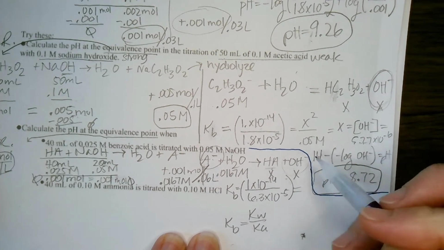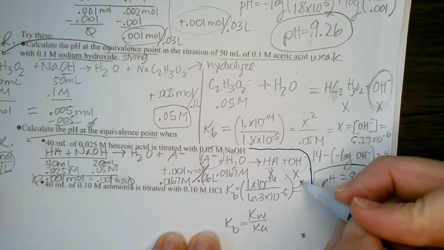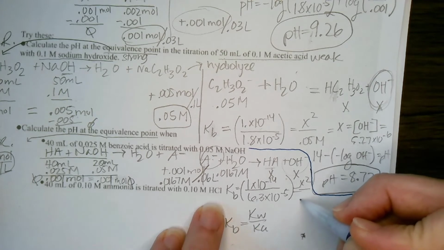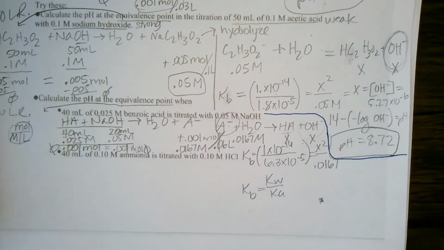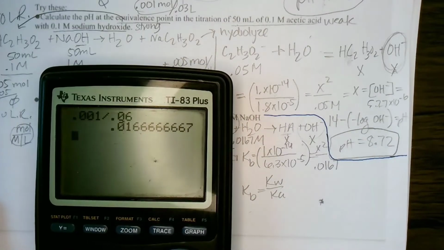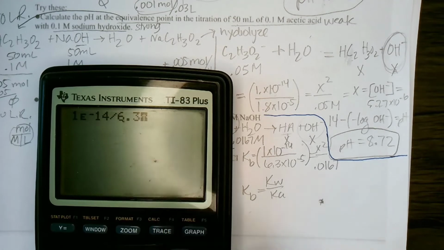And then that's going to be equal to x times x, which is x squared over 0.0167. All right, let's do some math here. 1 times 10 to the negative 14 divided by 6.3 times 10 to the negative 5 gives me my Kb.